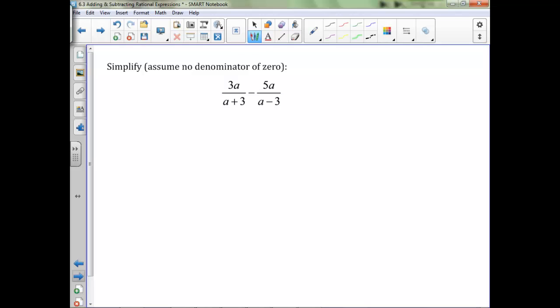Now for this one, we can get a common denominator. We're going to need both an a plus 3 factor and an a minus 3 factor. And so our common denominator is going to be a plus 3 times a minus 3.